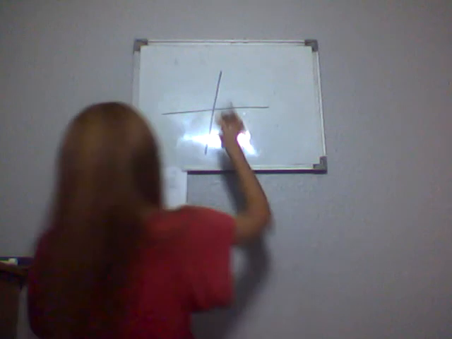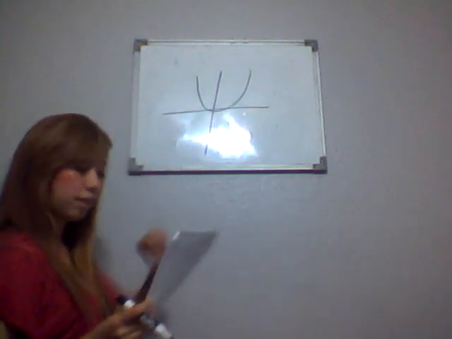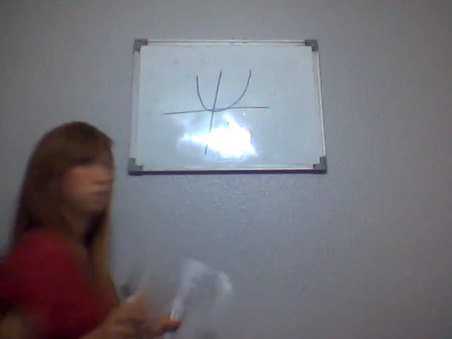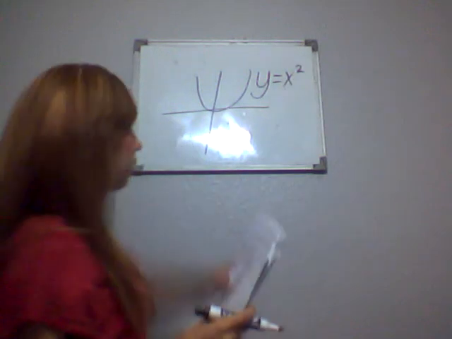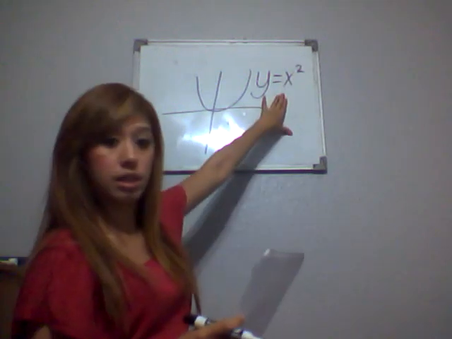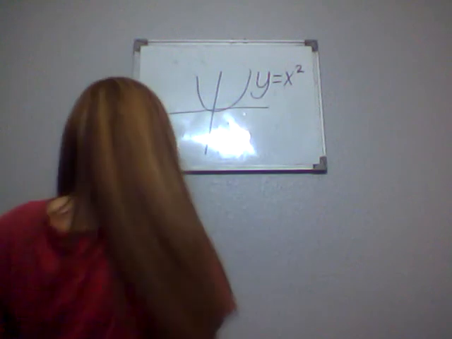Okay, the next graph looks like this. That's a parabola, and the equation would be, that's correct, y equals x squared. You're just going to put this equation into the calculator.